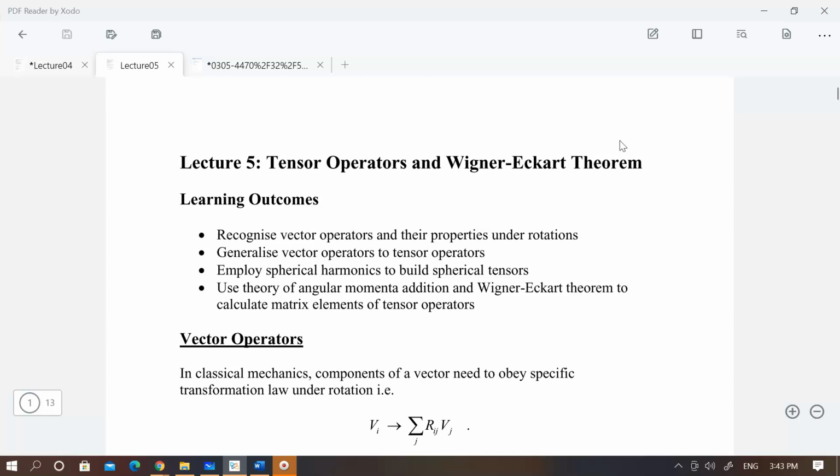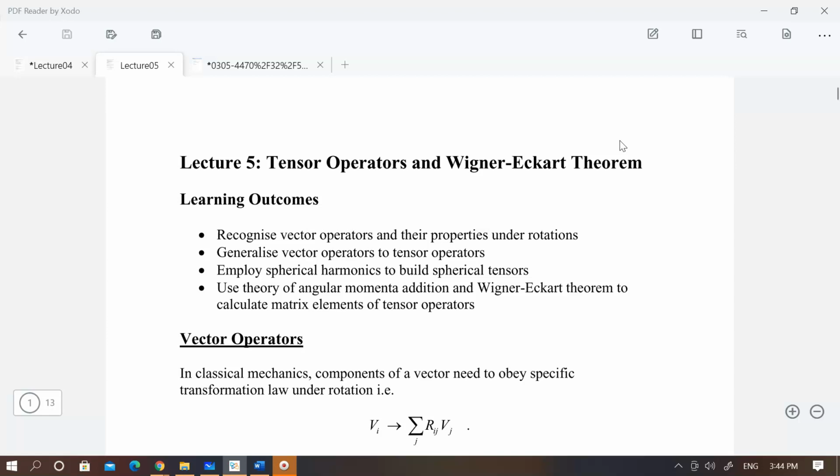Our problem with quantum theory is that all this idea of vectors and tensors is done in terms of an operator form. So one needs to understand the behavior of these operators under change of basis, and how it connects with our previous understanding of vector components and tensor components.